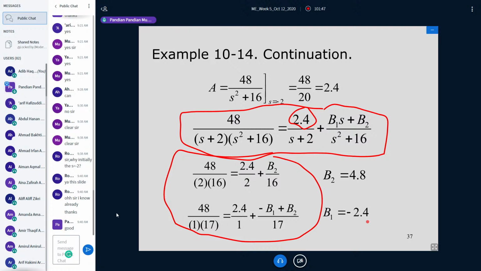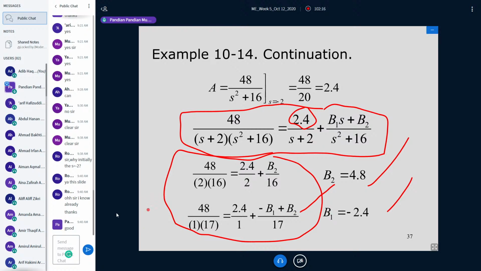We just simply substitute S0 and here S minus 1. You create these two equations and solve B2, B1. Only thing is it must satisfy the left hand side and the right hand side. But you already know B2 here. You just plug in the B2 here and then find B1. This is very easy.